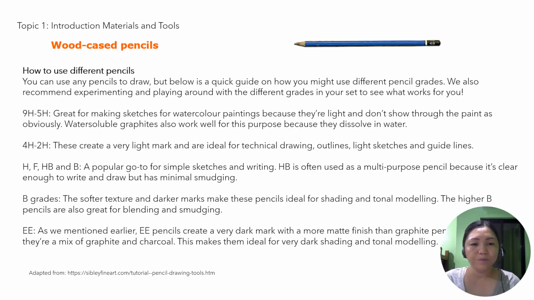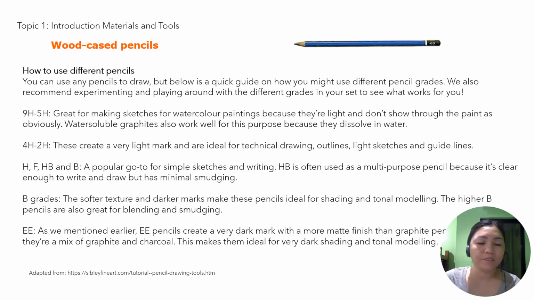How do we use different pencils? So you can use any pencils to draw, but below is a quick guide on how you might use the different pencil grades. For 9H and 5H, these are great for making sketches for watercolor painting because they're light and don't show through the paint.